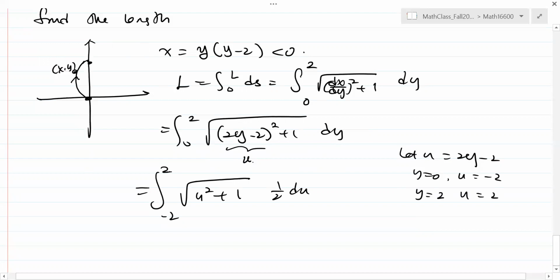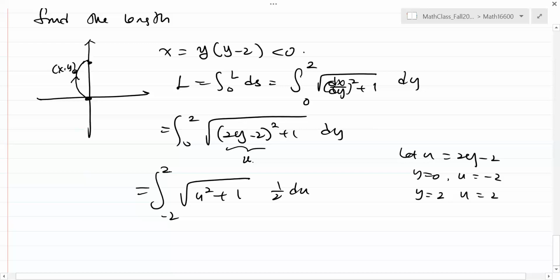Then you have an option for how to evaluate this integral. It's very complicated. You can use substitution to do this problem. You have to use hyperbolic sine and hyperbolic cosine if you want to do that, because how do you make u squared plus 1 become a square? You have to get rid of the radical.